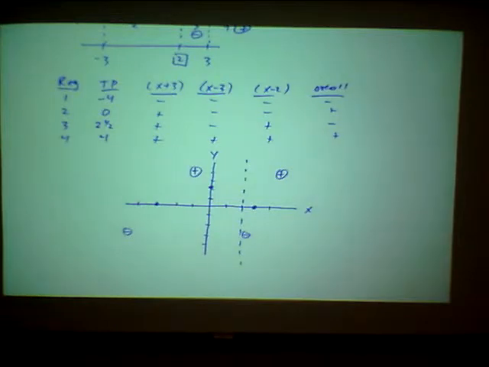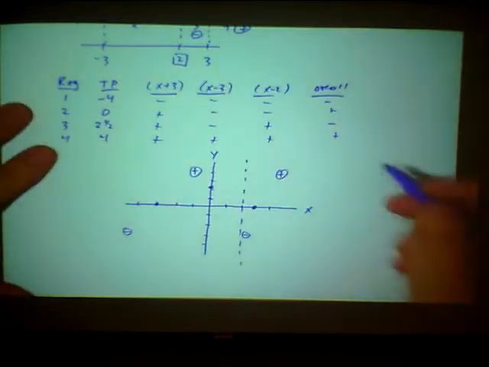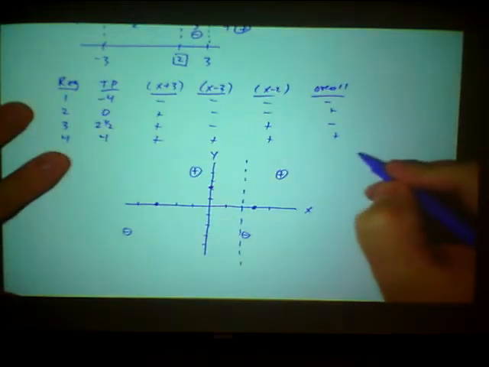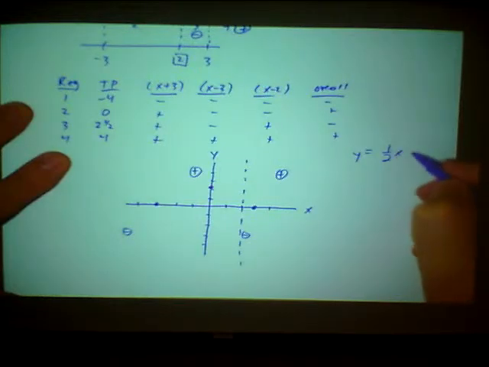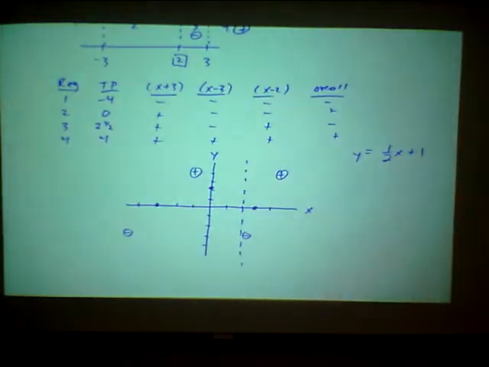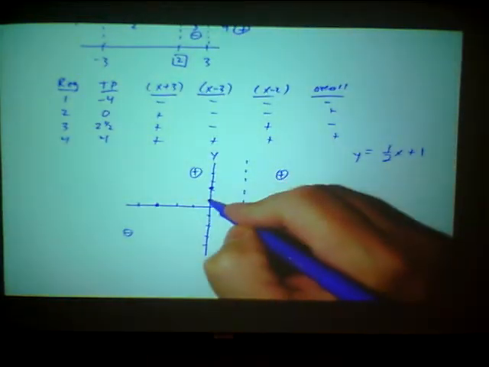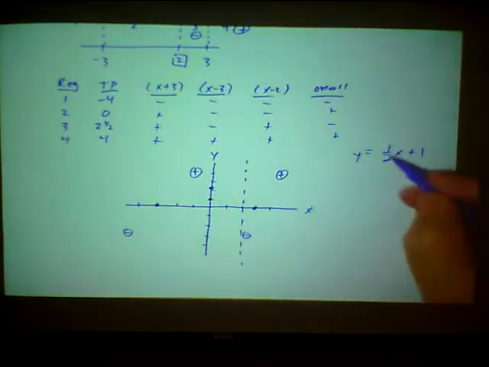Now let's go ahead and draw in this oblique asymptote. So if you remember, I said my oblique asymptote is going to be this linear equation right here. I'm actually going to go on this graph, and I'm going to graph this line, and I'm going to make it a dashed line, because it is an asymptote. So if I was going to graph this, of course, my y-intercept is 1, and then my slope is 1/2.